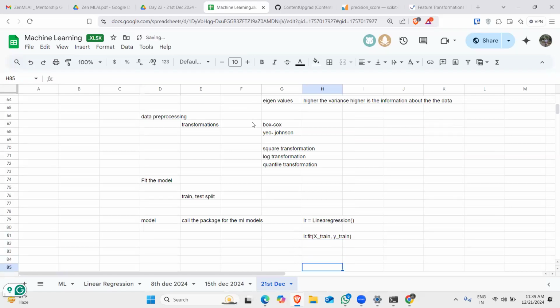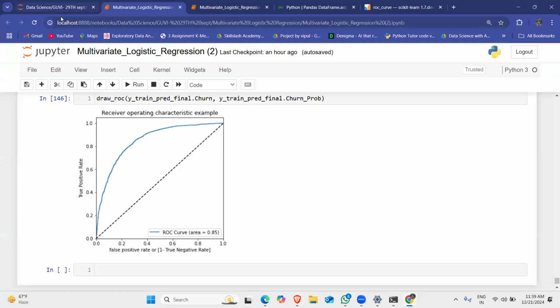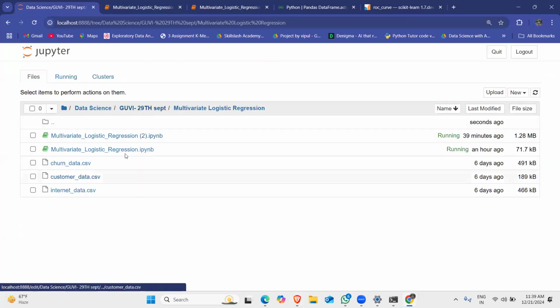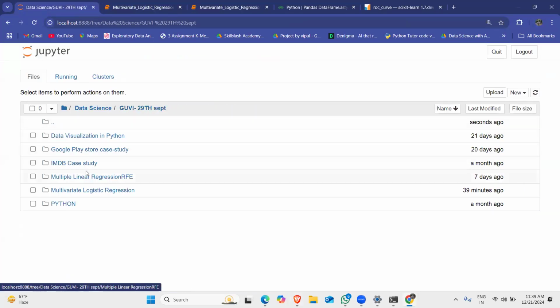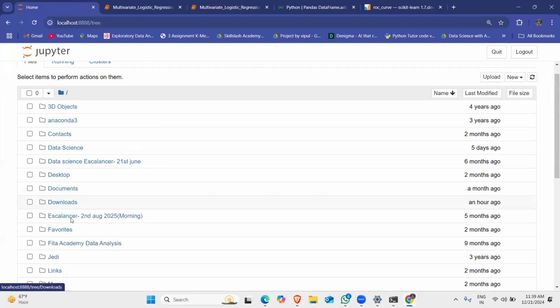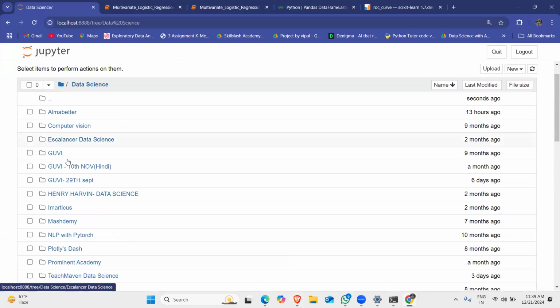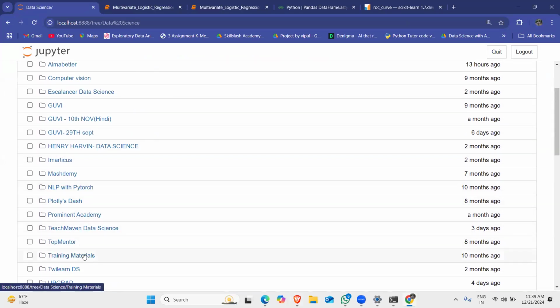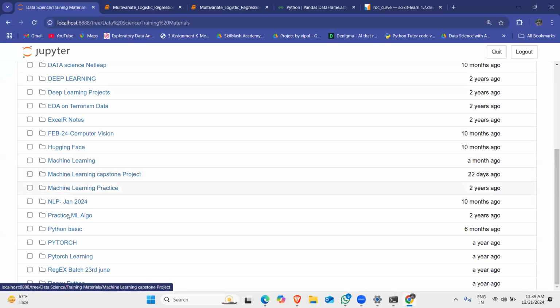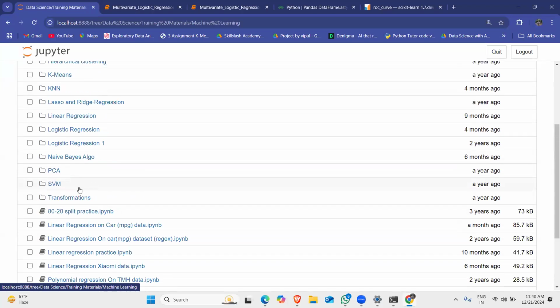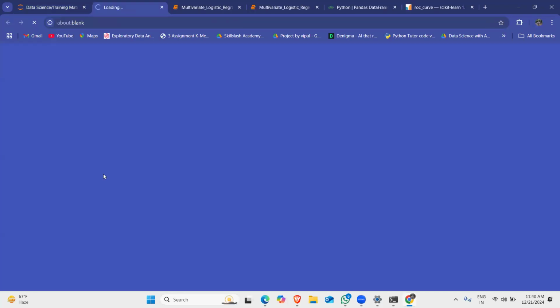Third is you use predict. So LR.predict using X_test. We already have done this, right? We use X_test to predict with the model. Suppose I check linear regression on car MPG, which we have done.